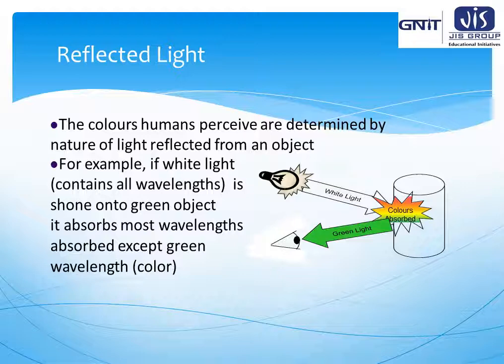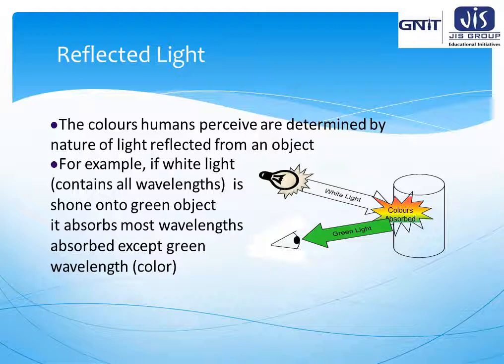The amount of reflected light that comes to our eyes can be perceived or sensed by our brain. That is the reason for which we can see any object. So reflected light plays a very important role in seeing any object.